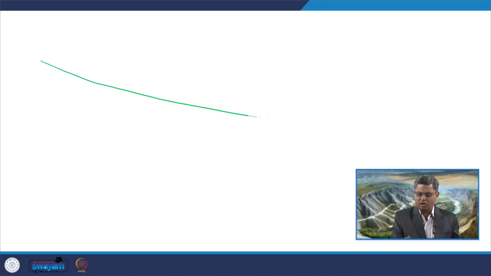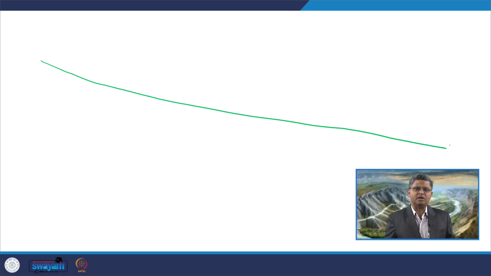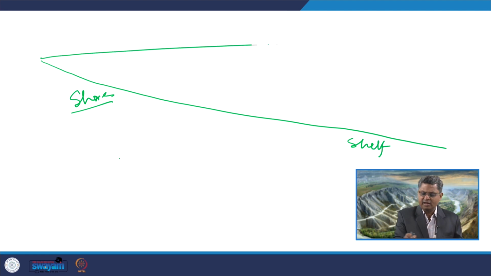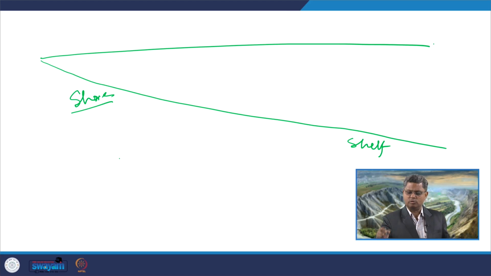Let us try to understand this with a diagram. This is a section of the shallow marine part, starting from the shore area over here and the shelf area somewhere here. This is the base level at the onset of forced regression, level 1.